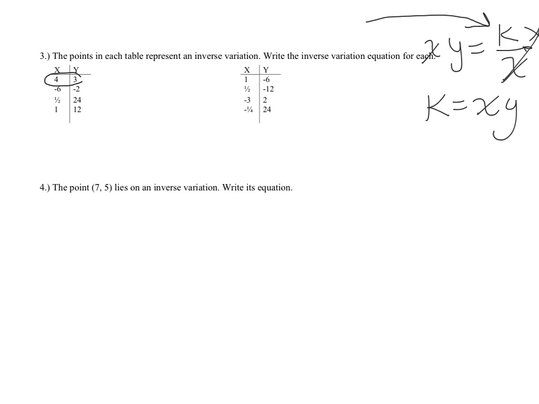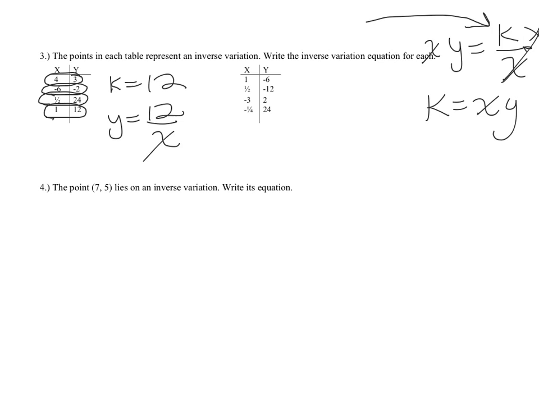So 4 times 3 is 12. -6 times -2 is 12. 1/2 times 24 is 12. 1 times 12 is 12, right? So your constant is 12. So the equation would be y equals 12 over x.